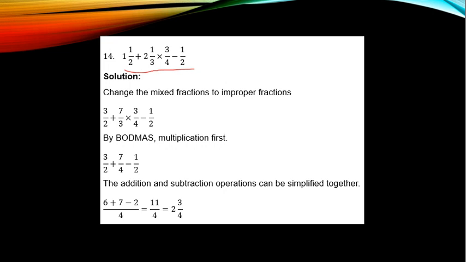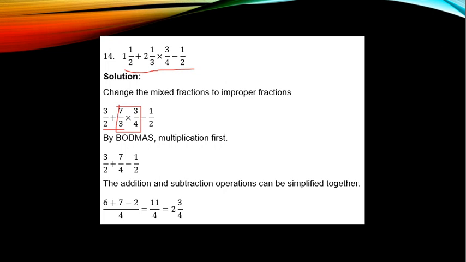The first mixed fraction is equivalent to 3 over 2. The second mixed fraction is 7 over 3. By BODMAS, multiplication first.